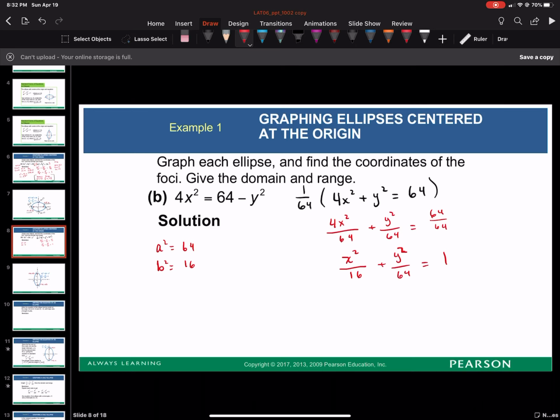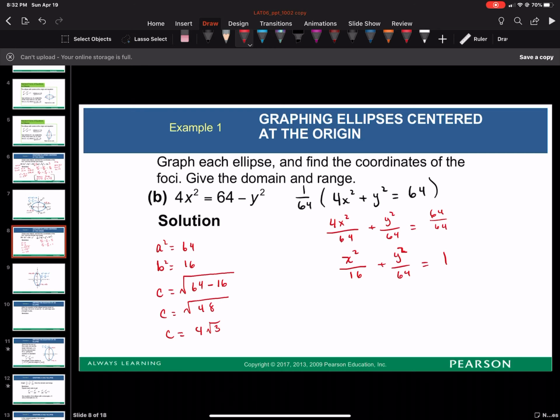All right. So to find c, c is equal to the square root of 64 minus 16. So c is equal to the square root of 48. And then you can reduce this to 4 times the square root of 3.